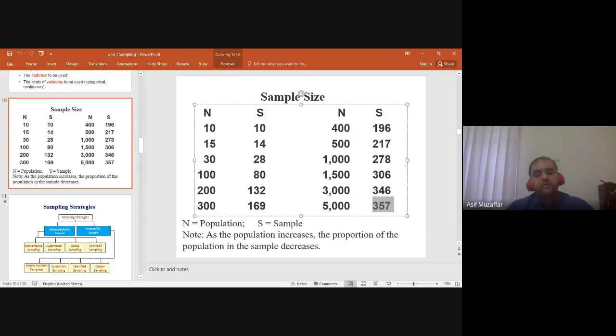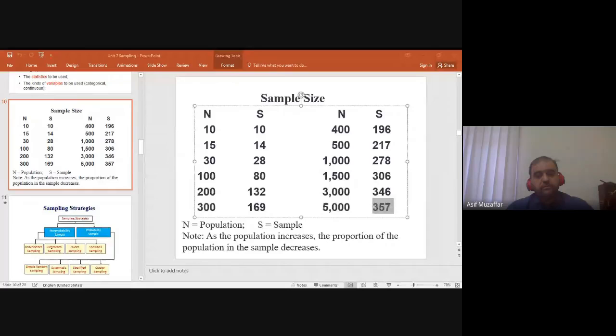Okay, so for this case, I have to collect data from 357 young doctors in different areas. If I take 357 samples, I can say my sample is adequate. Adequate means enough. This is good.